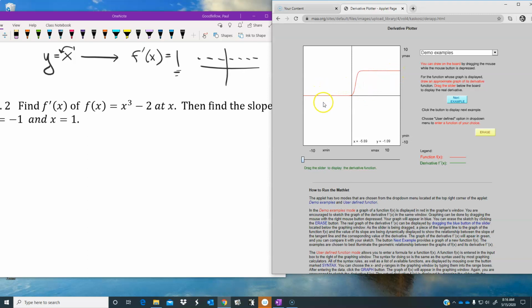And what we would like to see is what happens to the graph as we draw the derivative to it. Well, the derivative is an example of what is the slope or the rate of change of the people that are getting sick.